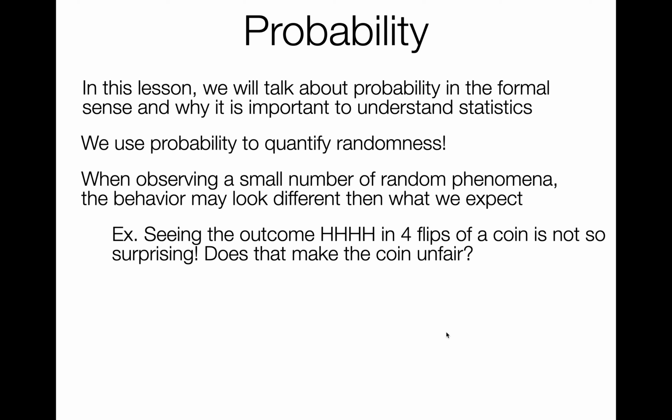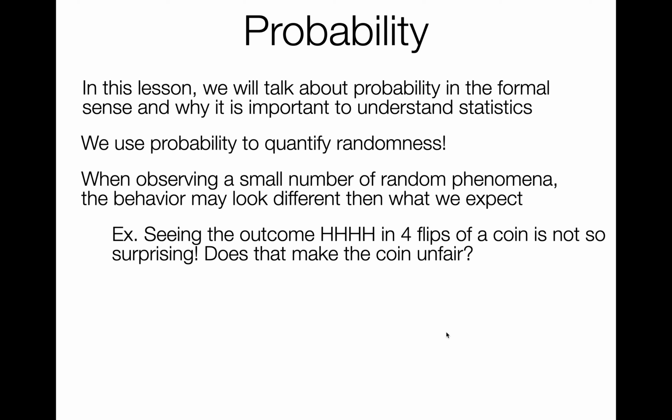Think about that for a second, and if you need to, find a coin somewhere, if you have a coin at home, and flip it a bunch of times. See how many times 4 heads comes up, or maybe 4 tails, or whatever comes up. It turns out that it's not so surprising to see 4 of the same thing happen, even with a fair coin.